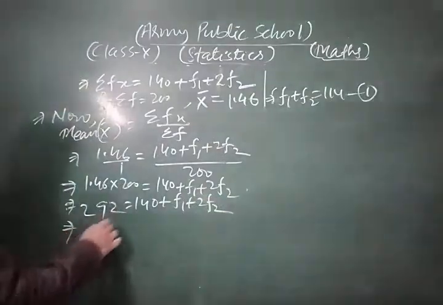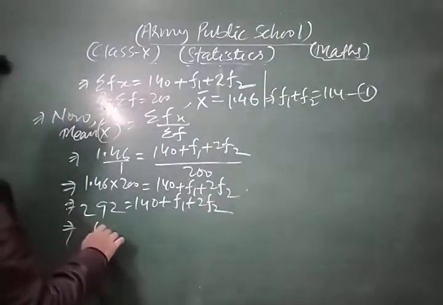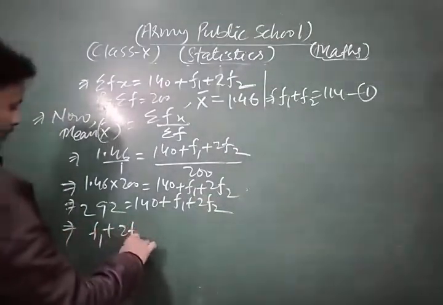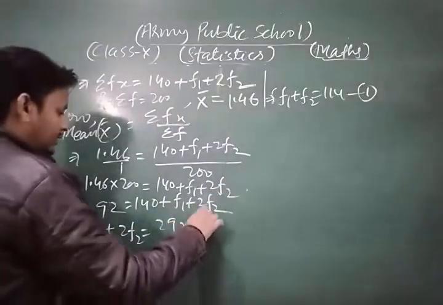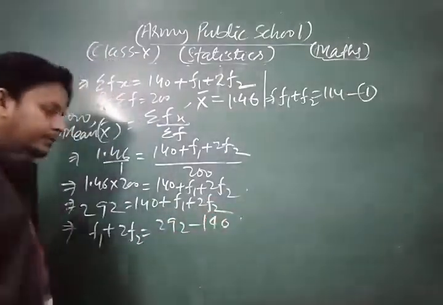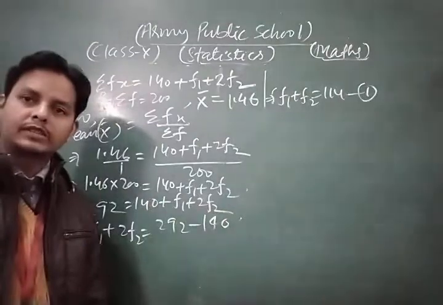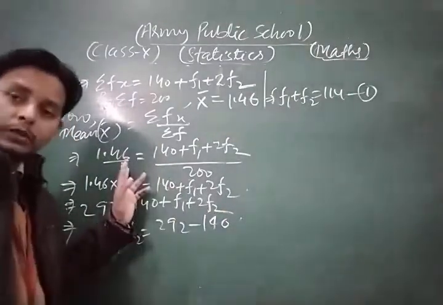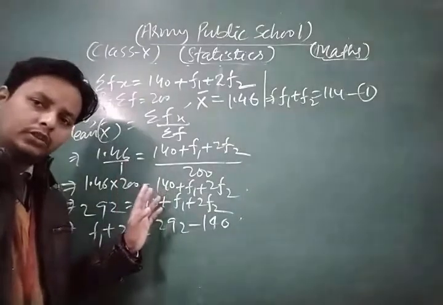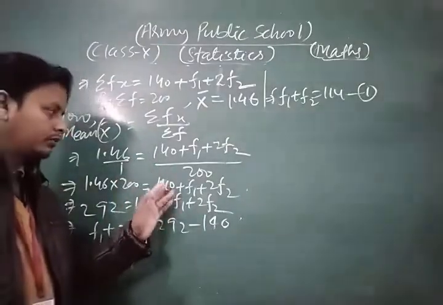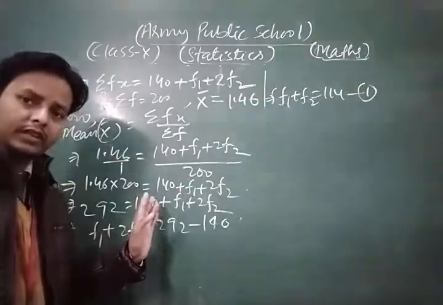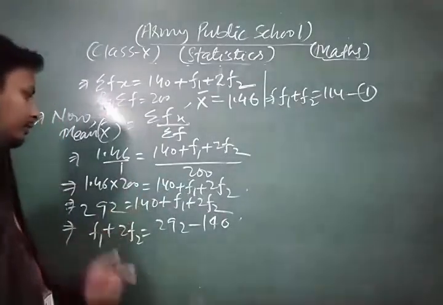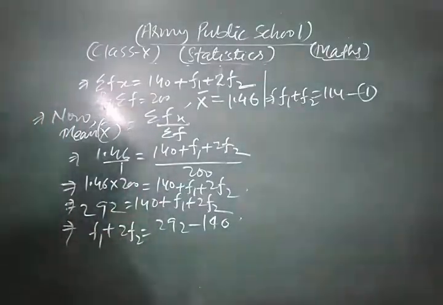This implies f1 plus 2f2 is equal to 292 minus 140. After cross multiplication, we transfer 140 to the left hand side.